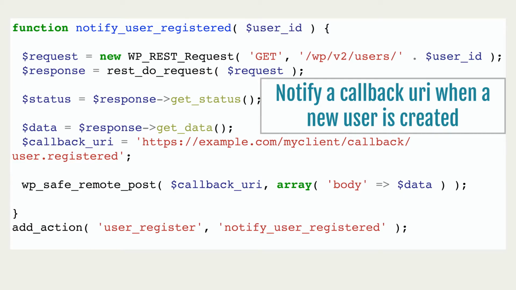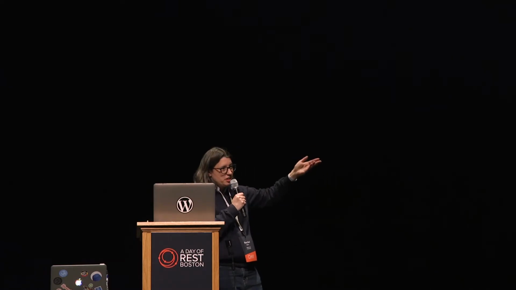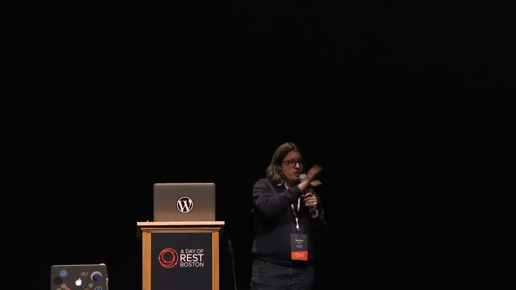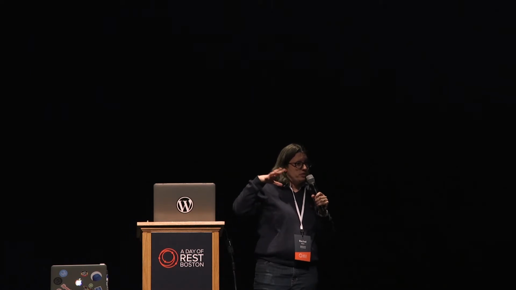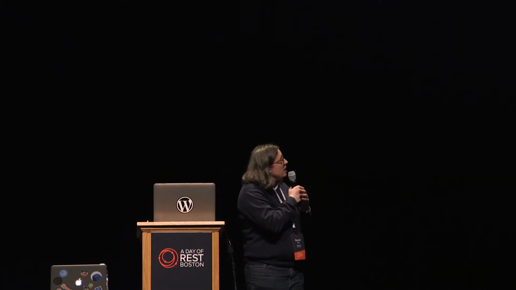So if we tie this all together, along with a little magic from the REST API, we can do something like this. This is a function called notify user registered, and I'm using the user register action here, where a user is being inserted into the site, not necessarily that they have to register. If you think of the way WordPress thinks of users registering, not like that, just a new user is created.